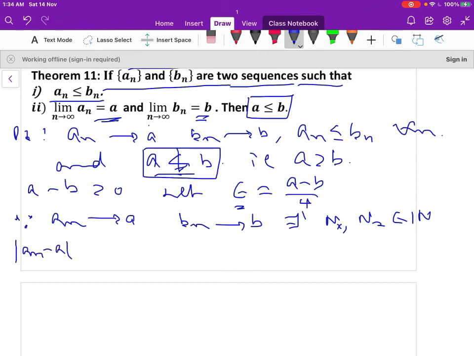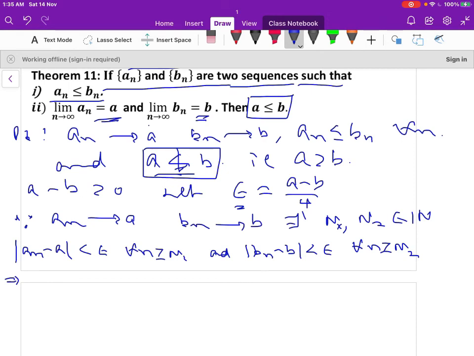by definition of the convergence of a sequence, modulus of an minus a less than epsilon for all n greater than or equal to n1, and modulus of bn minus b less than epsilon for all n greater than or equal to n2.